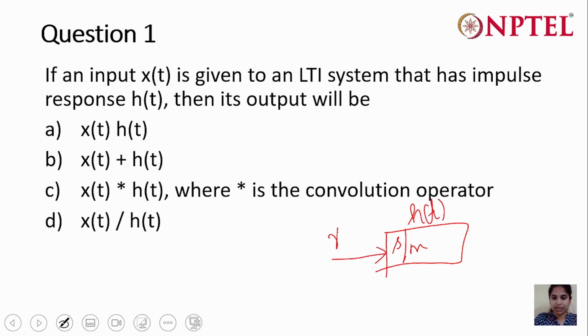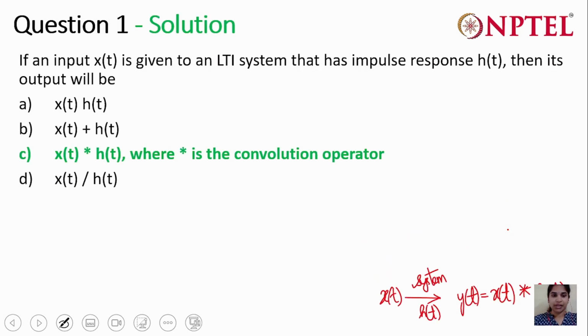We have an input that's given which is x of t. What is our output? Convolution of input and response. Exactly. So the output is the convolution of the input and impulse response.